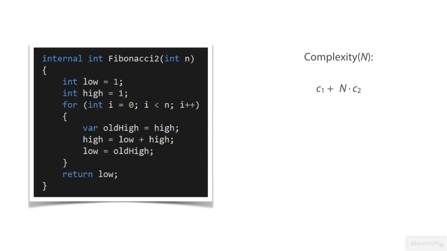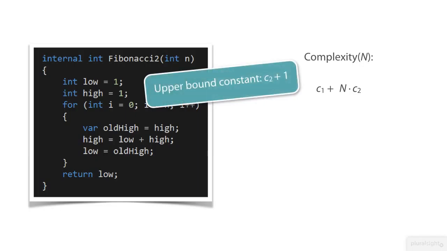In order to come up with an upper bound for that complexity, I could use C2 and increase it, for example to C2 plus 1. Then n times C2 plus 1 will be a steeper line than this C1 plus n times C2, and thus an upper bound sooner or later.